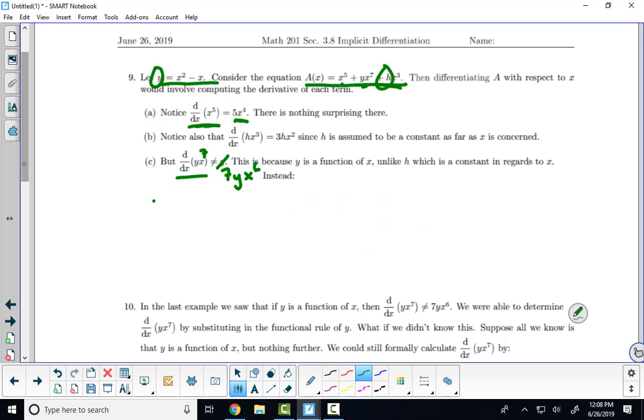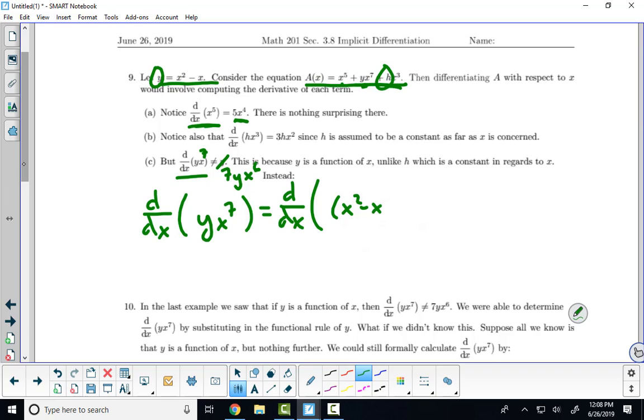So instead, how would we take the derivative of yx to the 7th? Well, one way is to do the substitution, because we know what y is. That would be x squared minus x times x to the 7th. And as Curtis said, what type of rule are we going to have to do? We're going to have to do a product rule on it.